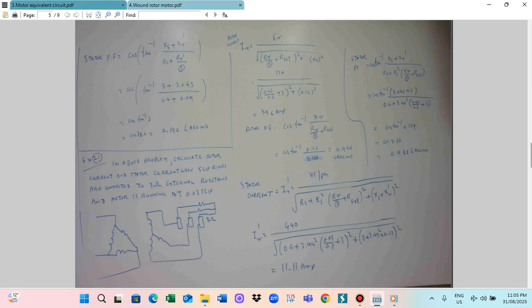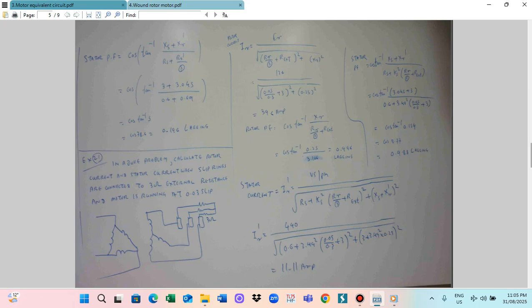So this is the motor slip ring here. We use the slip ring like this. This one we connect like this. So those are connected to external resistance. So this external resistance is 3 ohm.